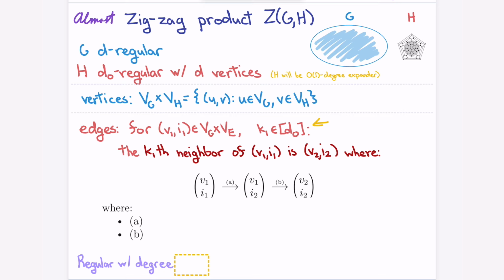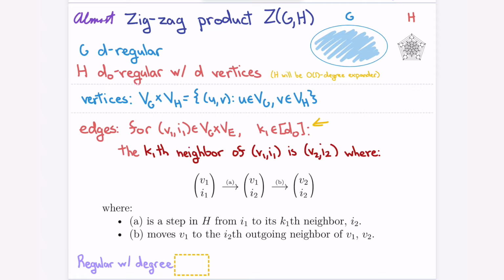Make H one of its neighbors. Okay, so we'll take a step in H. Perfect. So first, I'll make a step in H, and then I'll look up the index of that vertex, and I'll move the G vertex accordingly.